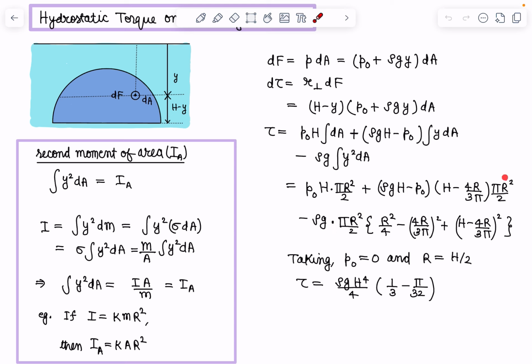So this whole expression gives the torque due to the hydrostatic force about an axis passing through this line here. Taking P naught equal to 0 as suggested by the problem and by the options given, and for R equal to h by 2, this will be the torque which we get, that would be rho g R to the power 4 by 4 into 1 by 3 minus pi by 32. So that's it. Thank you very much.